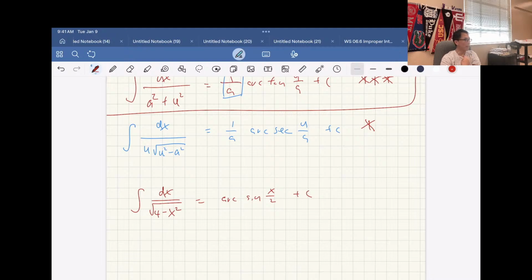So I would approach this slightly differently than you. a squared is equal to 4, a is equal to 2, u squared is equal to x squared, u equals x, du equals dx. For me, it's important to make sure I figure out everything before I actually do it. Then I can lead to here. I'm still gonna get the same answer. You're gonna be like, that's a lot of work for nothing.